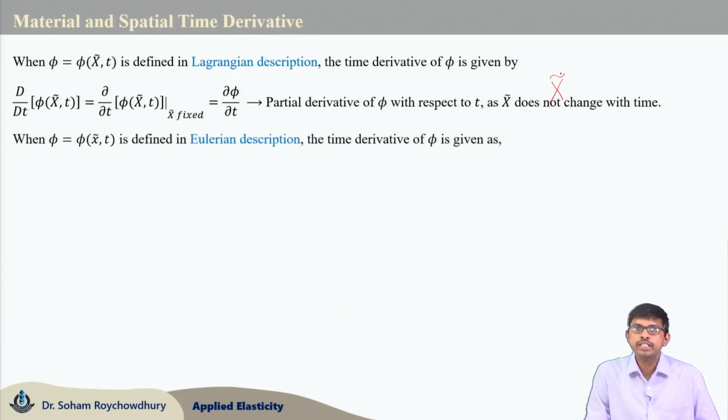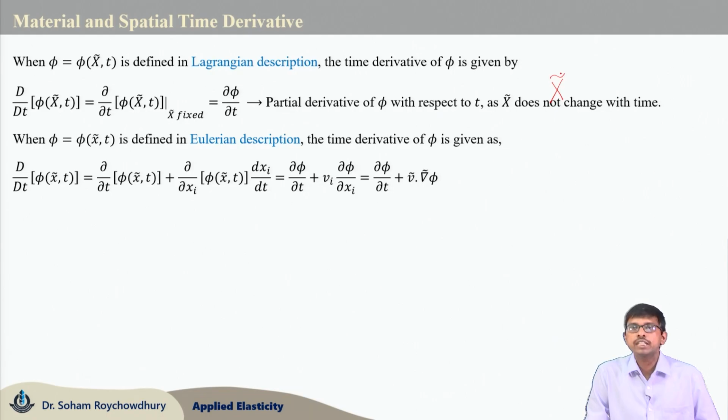Now, coming to spatial description or Eulerian description, here phi is function of small x and time. So, here the total time derivative of phi is D Dt of phi, function of small x comma t. Now, both small x as well as time are changing here. So, for the previous case capital X was not changing with time, but here the deformed position vector small x is continuously changing as the body is continuously deforming.